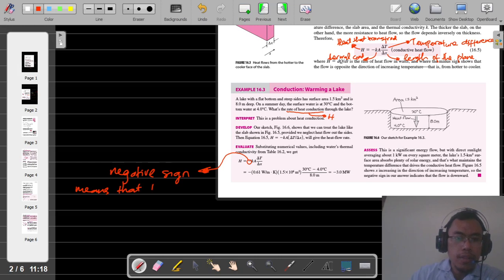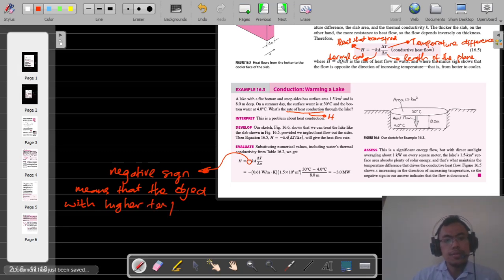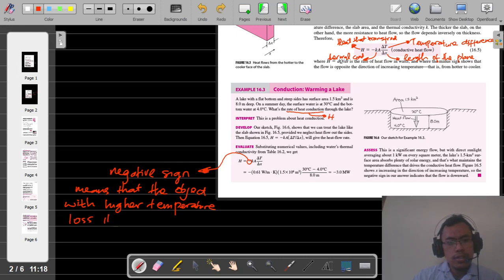The minus means that the object with higher temperature loses its heat.